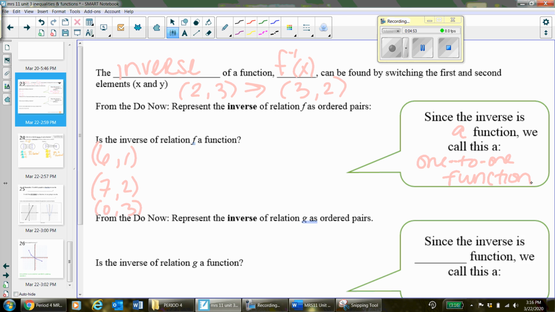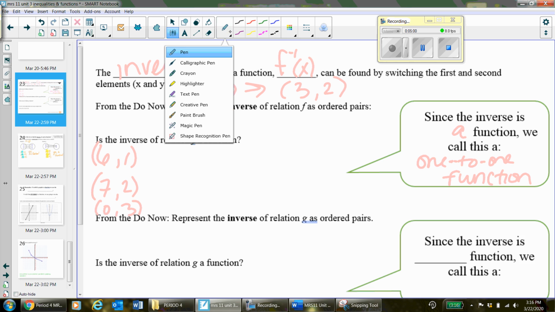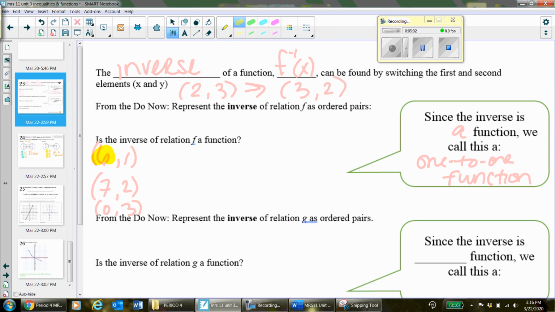The reason is one-to-one is because when we get the inverse of the original, none of my x values are repeating, even though I switched them. If I switch them and the x's still don't repeat, it makes it a one-to-one function. That means it's a function both ways, no matter which way I put it, in its original form or its inverse.